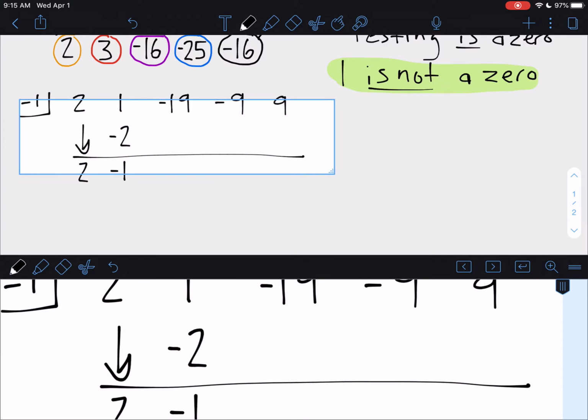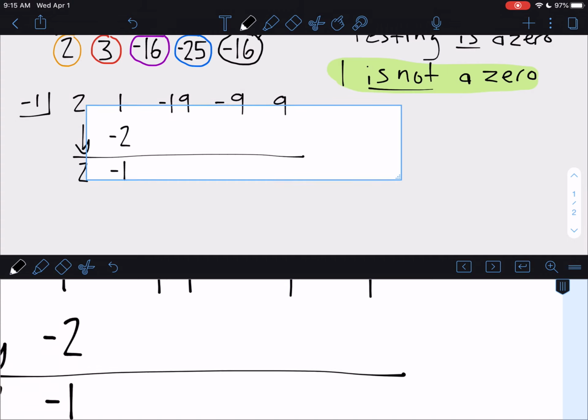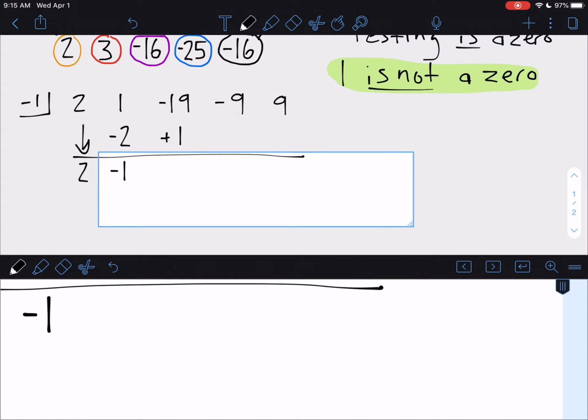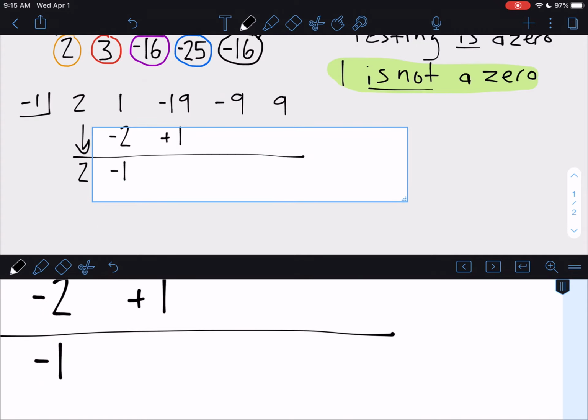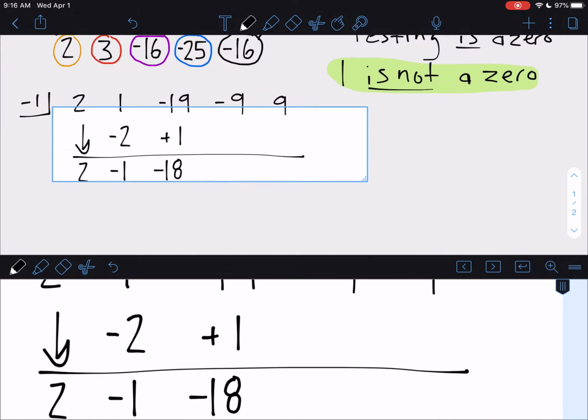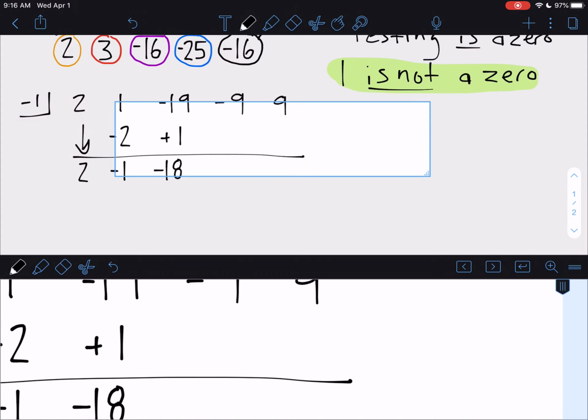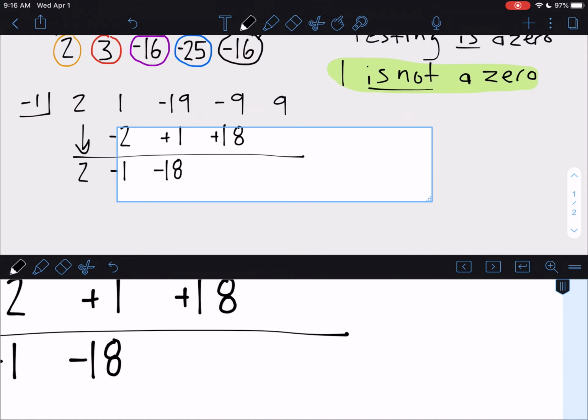So now I have the negative 1 inside the box times negative 1 is positive 1, and negative 19 plus 1 is going to give me negative 18. So negative 1 inside the box times negative 18 is positive 18, and negative 9 plus 18 is 9.